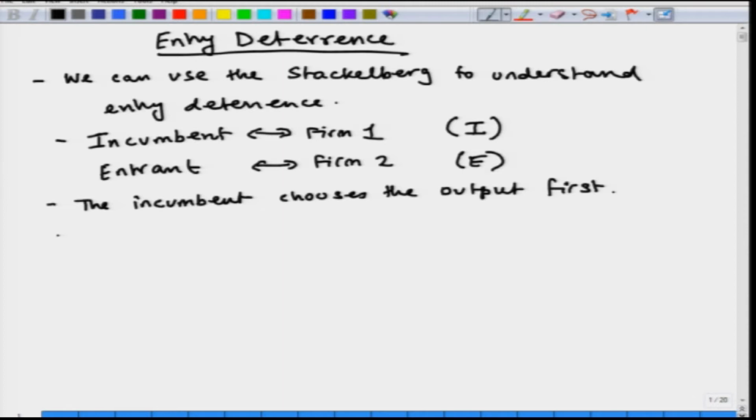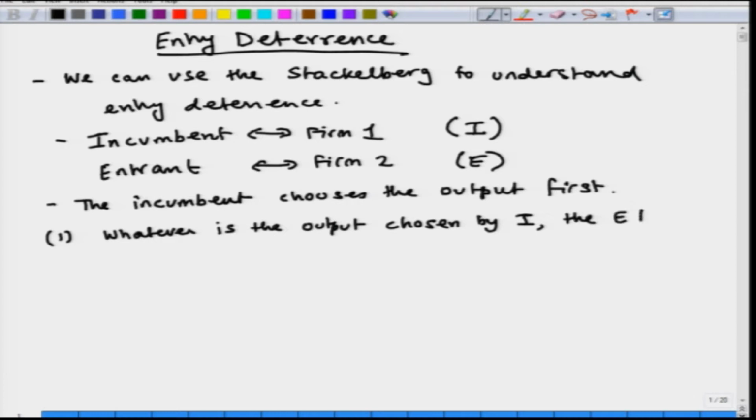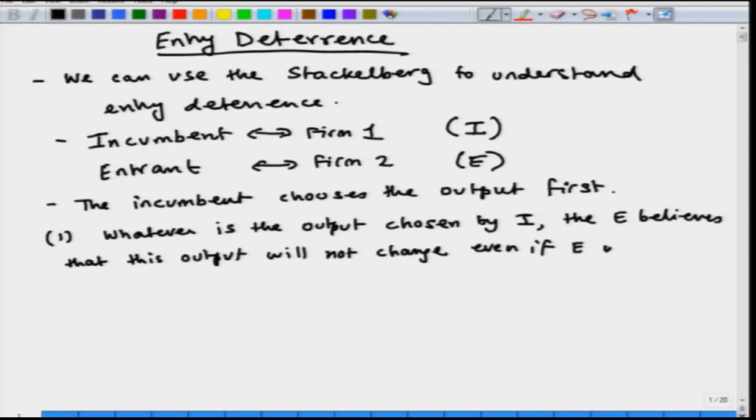So, the first assumption is whatever is the output chosen by the incumbent, the entrant believes that this output will not change even if E were to enter the market. So, this is a very strong and restrictive assumption. We will relax this later on.